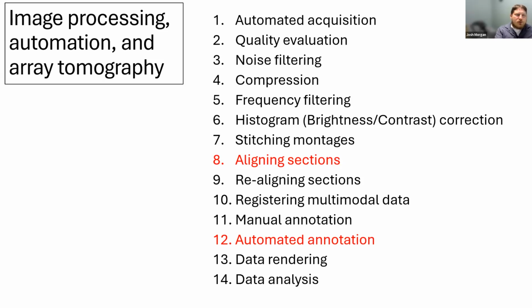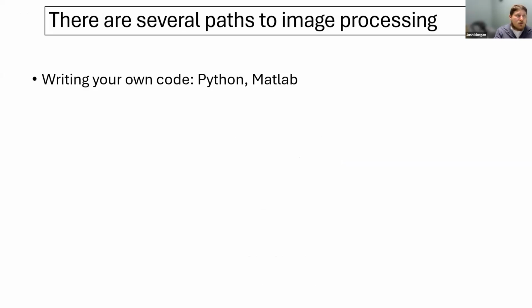Okay, so there's a pretty wide variety of ways of going about tackling all of these different steps. So one approach is to write your own code. So we do a ton of MATLAB and now more Python code to deal with some of these things. It's good for some labs, not for others.